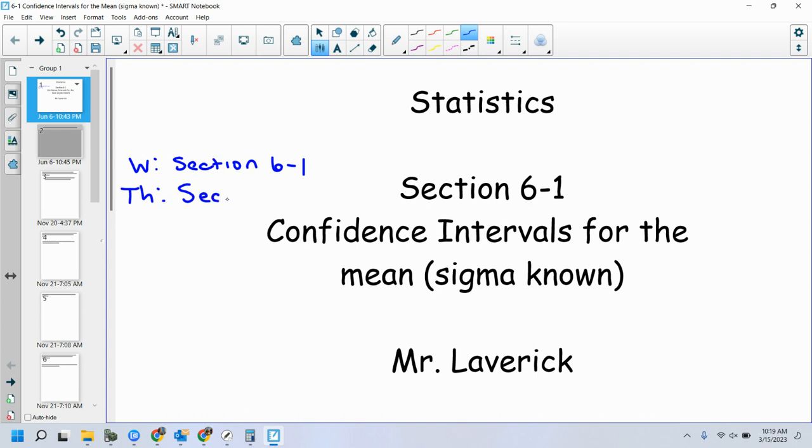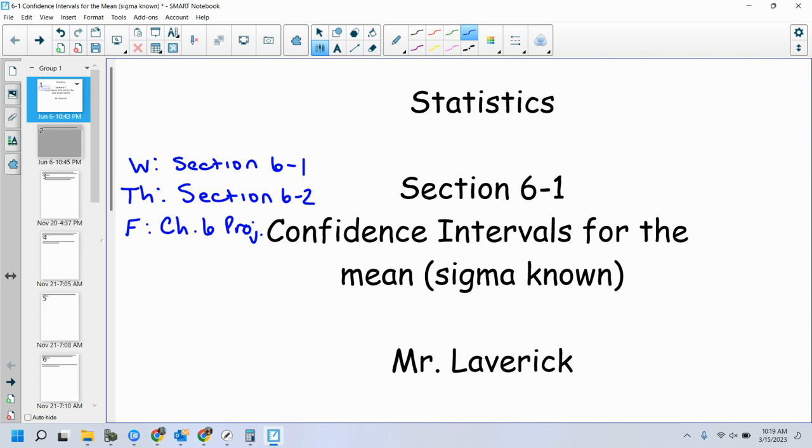On Thursday we are going to do section 6.2. On Friday we are going to do the chapter 6 project, right? Honestly, it's like an in-class thing, okay? You will get it done in class, so you do not even need to worry about that.